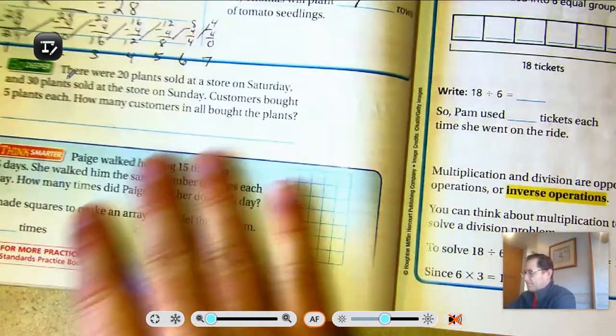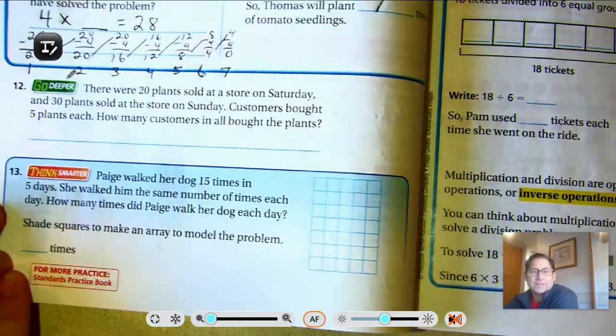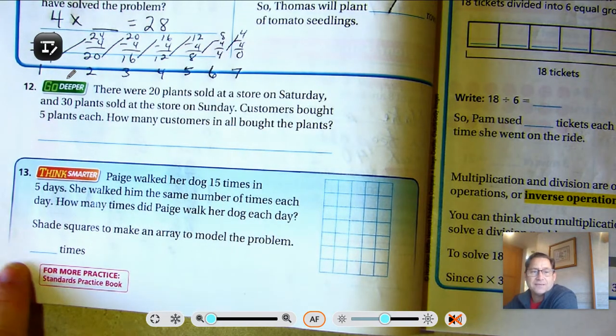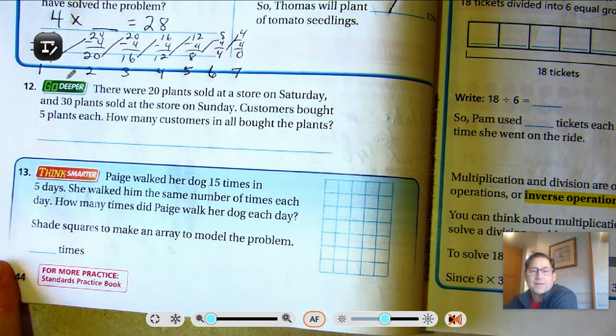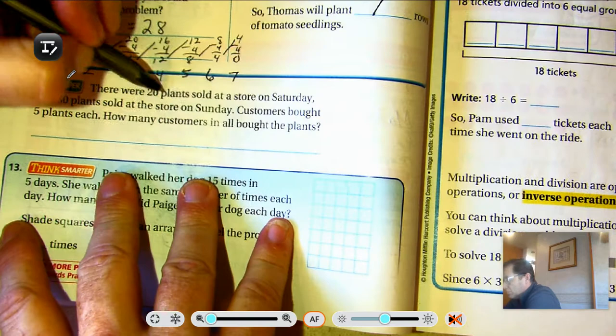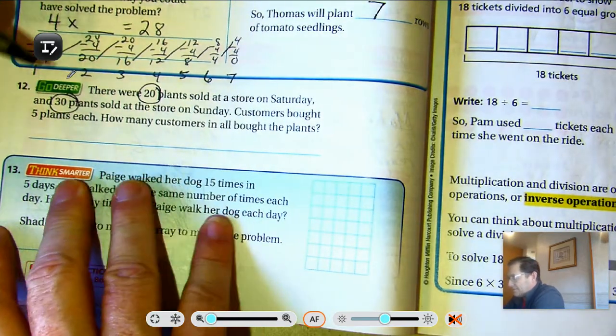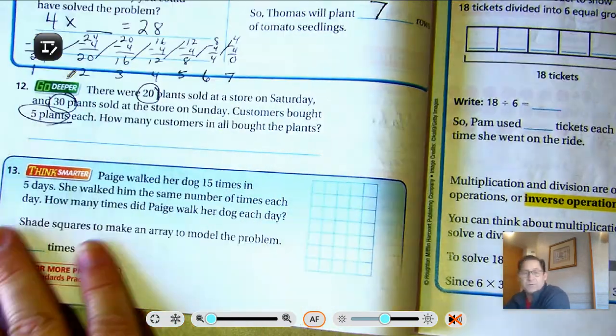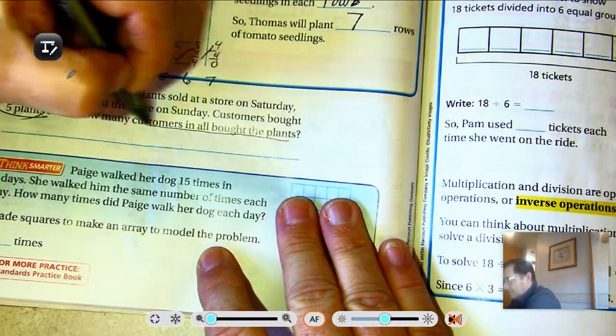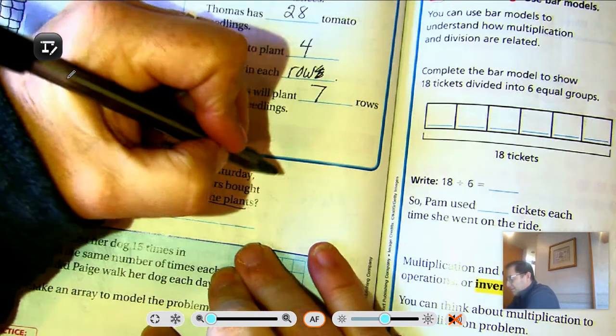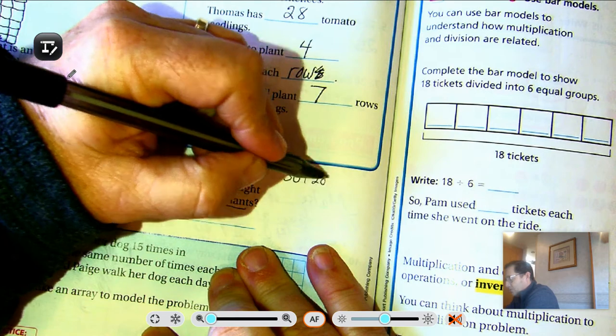Number 12. There were 20 plants sold at a store on Saturday and 30 plants sold at a store on Sunday. Customers bought 5 plants each. How many customers in all bought the plants? 20 plants Saturday, 30 plants Sunday. Each customer bought 5. So first, let's just figure out how many plants were sold over the 2 days.